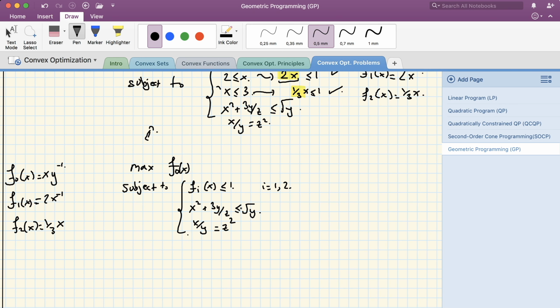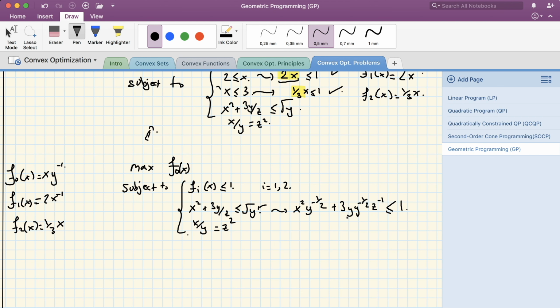Good. We're left with an inequality constraint, so the right-hand side should be 1. So how do I get a 1 here? All I have to do is divide by root y, and we shall get x squared y to the power minus half plus 3y y to the power minus half, and we forgot a z in the denominator. I'll just put it as z to the power minus 1 is less than 1.